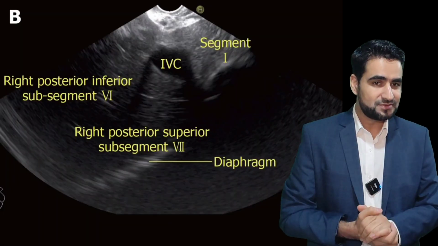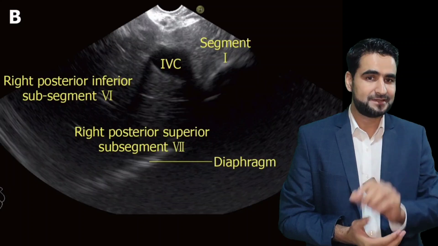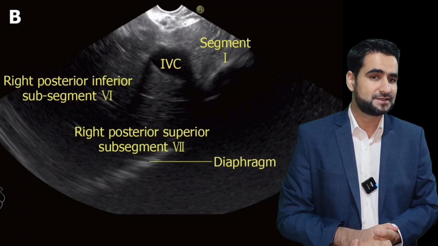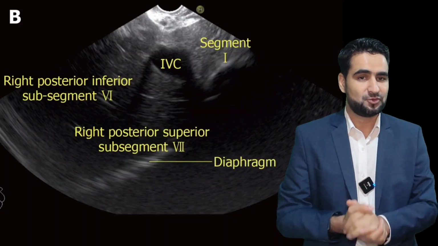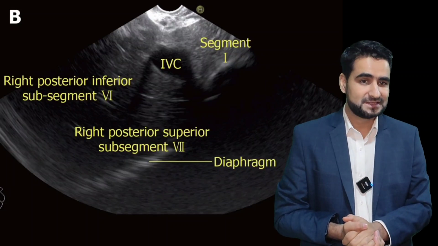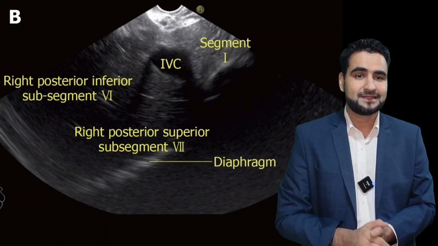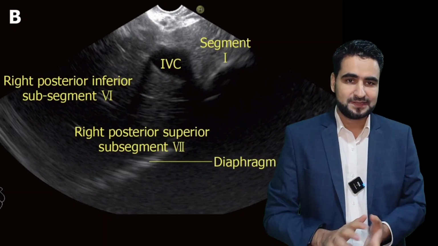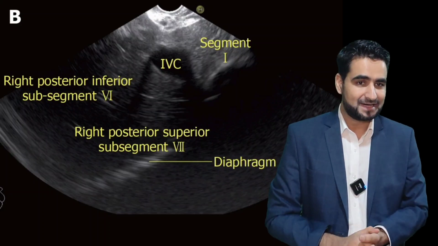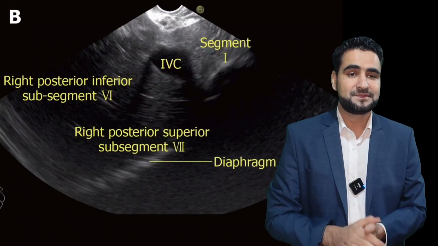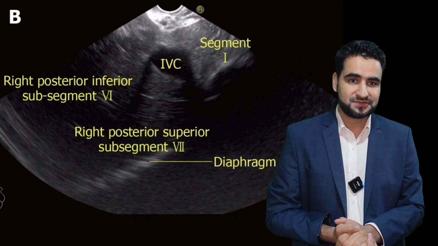With a slight counterclockwise rotation, we move to another image where the inferior vena cava is seen shifting towards the diaphragm. At this point, the caudate lobe appears between the transducer and the inferior vena cava, a critical anatomical clue. The caudate lobe acts as a landmark for the transverse part of the left portal vein, which typically lies just anterior to it.